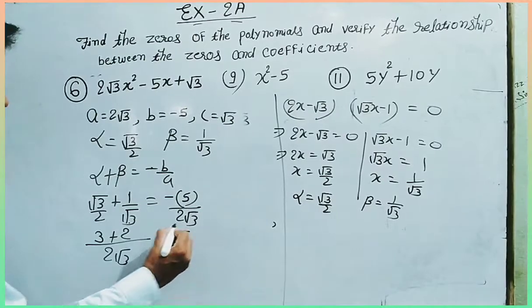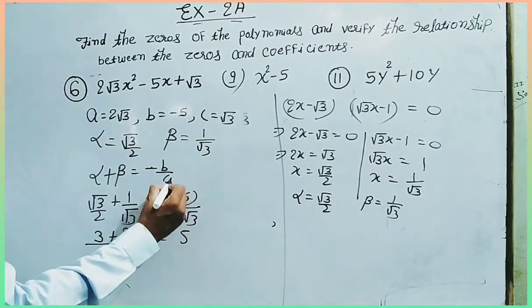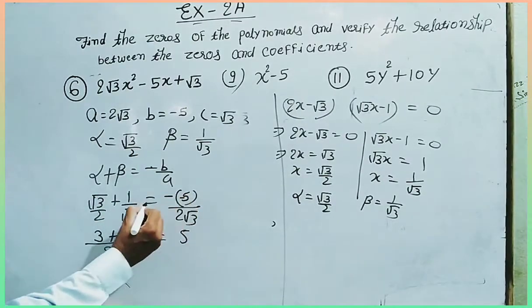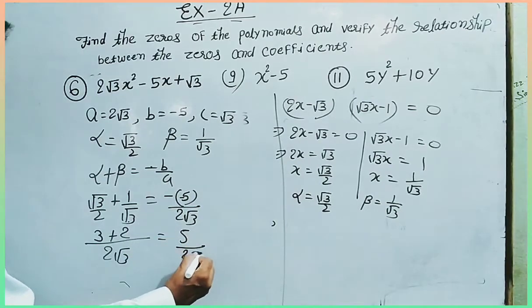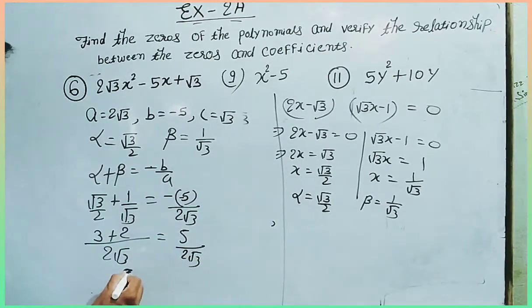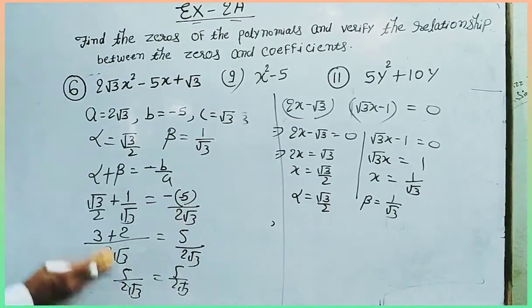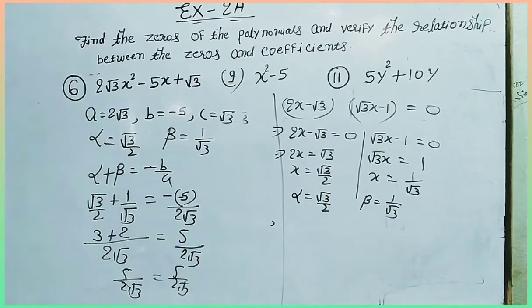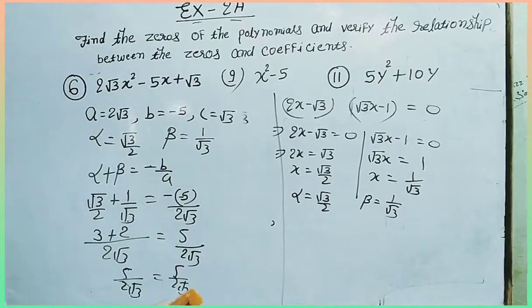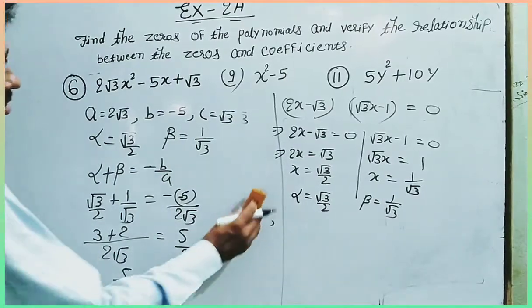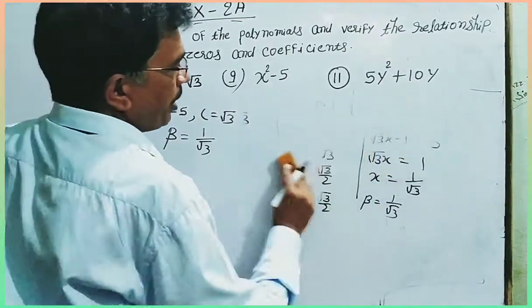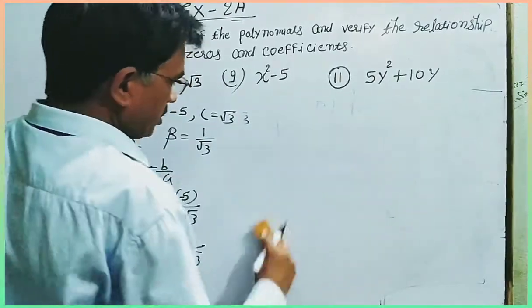It is 5, so here is 5 by 2 root 3 and here is also 5 by 2 root 3, and both are equal. So the sum of the zeros is minus b by a and the product of the zeros is c by a.